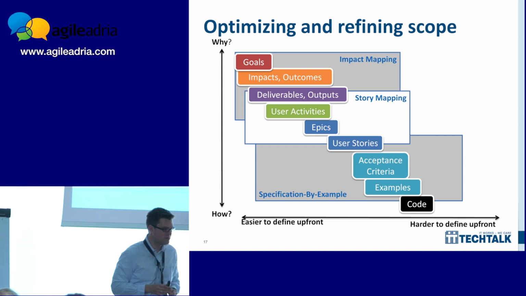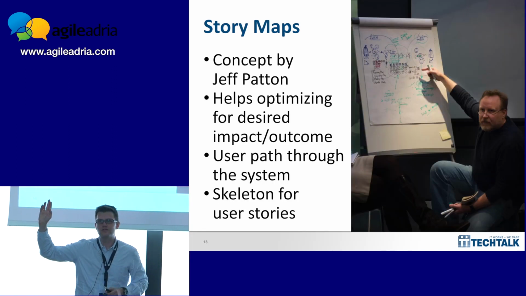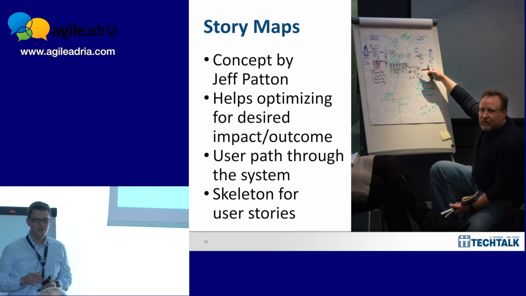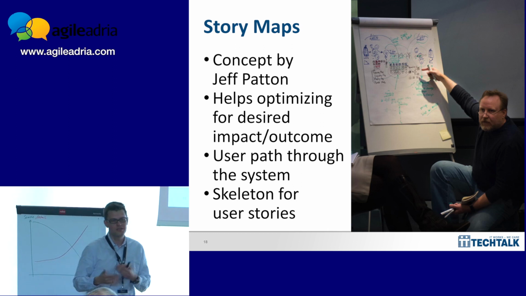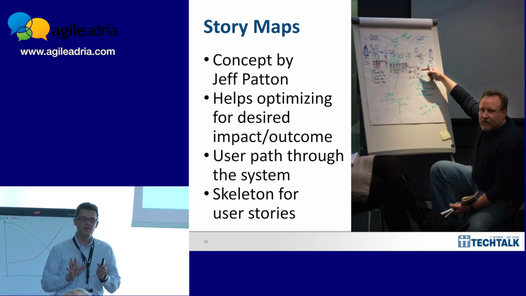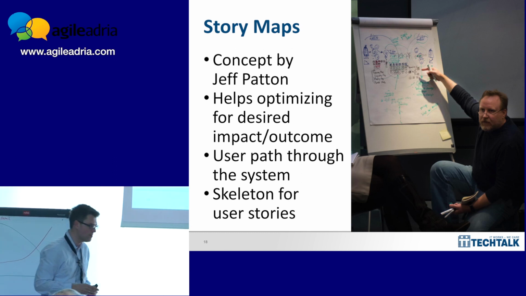And this concept was brought up by somebody called Jeff Patton. Anyone heard of Jeff Patton? I think he's quite famous. And he's a user experience or user design expert. And story maps are really around taking this one goal and finding out how do I have to shape the experience of the user in order to achieve a certain goal, and how do I find out what kind of features can actually help me achieve that goal.